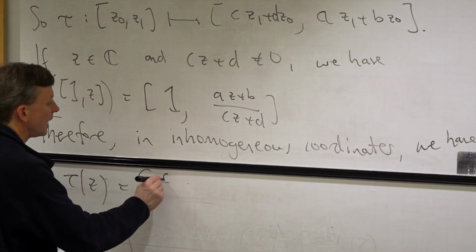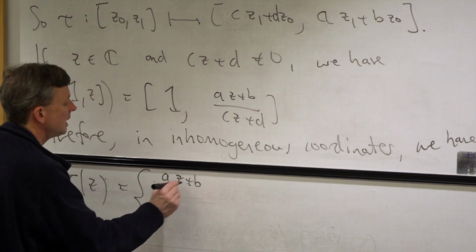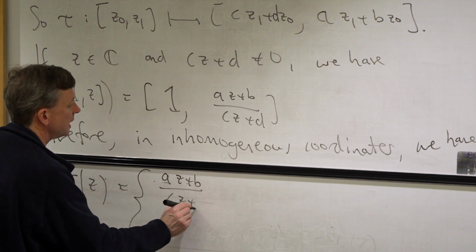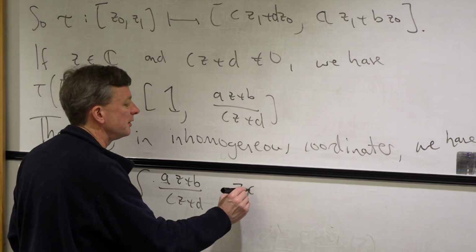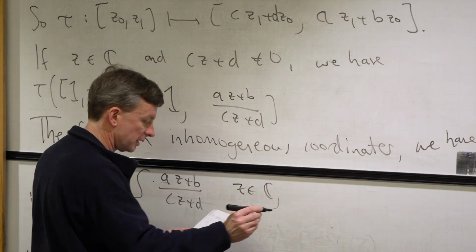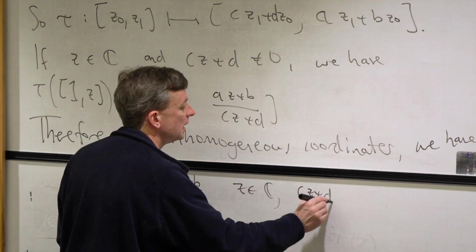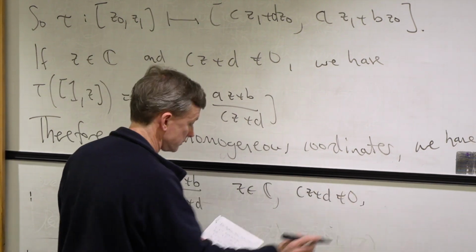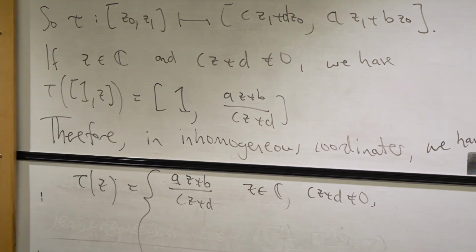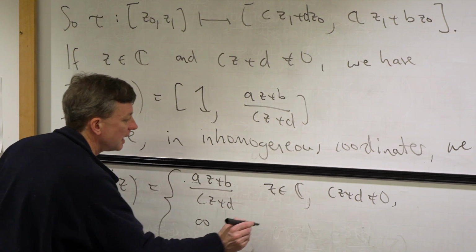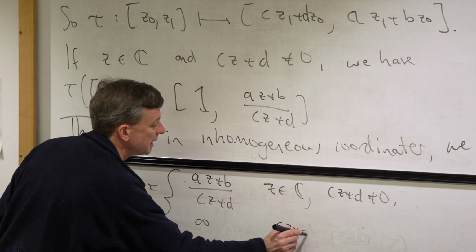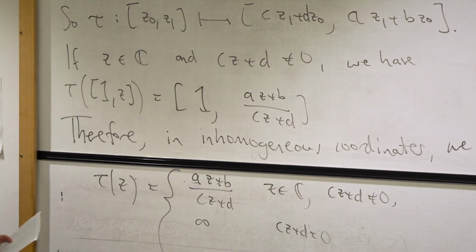We can get az plus b over cz plus d. That's the main case when z is in the complex numbers and cz plus d is non-zero. There's two other cases. We can get infinity if cz plus d equals 0.